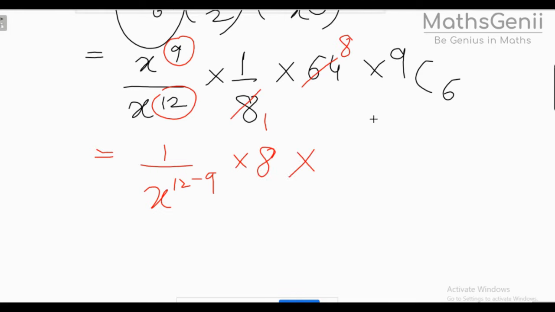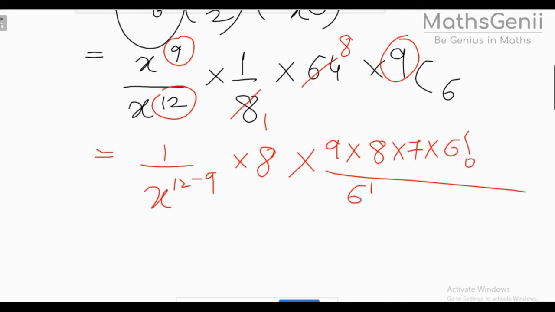Into, how do you expand this? So upward you have 9. Okay. So you expand it in this way: 9 into 8 into 7 into 6 factorial upon 6 factorial into 3 into 2 into 1.